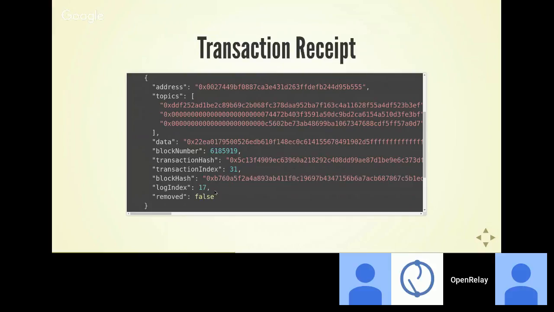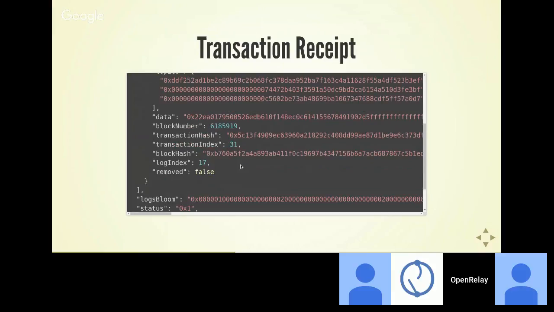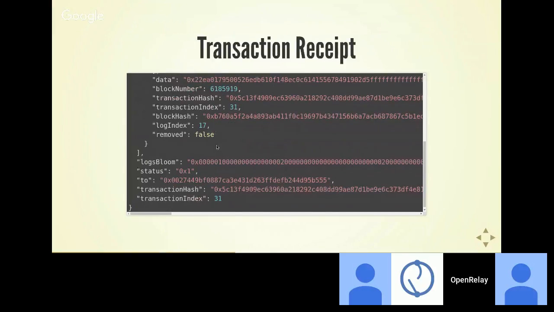And then it tells us that this log is index number 17, which means that this is the 17th logged event as a part of that block. Finally, this removed flag would be set to true if this event were being emitted as part of a chain reorganization to tell us that this event was basically unhappening and that there was a chain reorganization that made this event irrelevant.